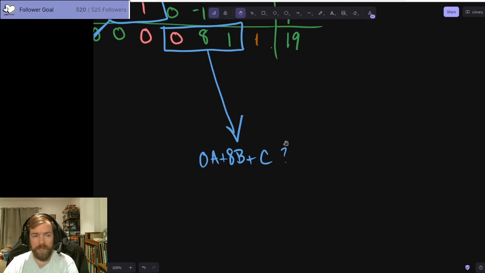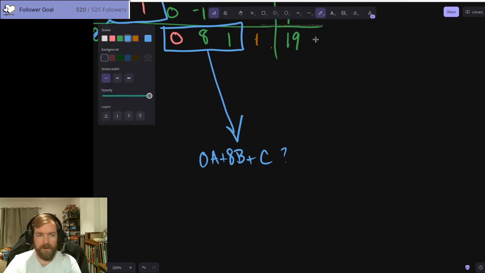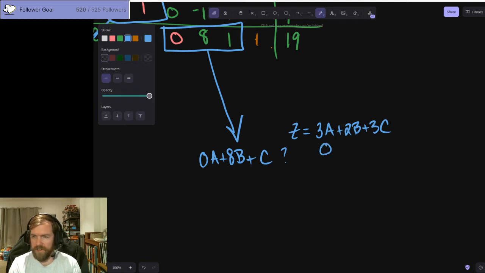All right, and we look at the original problem. Our cost, z, was going to be equal to 3a plus 2b plus 3c, which gets us 0 plus 16 plus 3. Oh, that's not that.